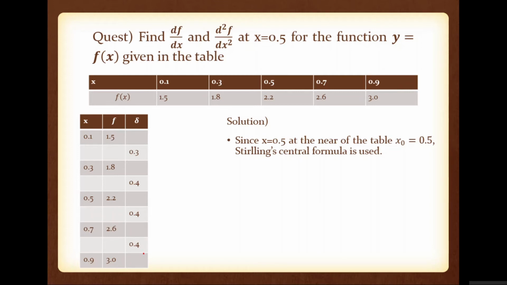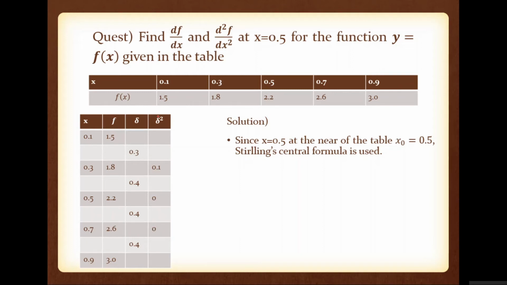So find theta square. 0.4 minus 0.3, that is 0.1 here; 0.4 minus 0.4, 0 here; 0.4 minus 0.4, 0 here. So the theta square column is 0.1, 0, 0. So this is theta square.